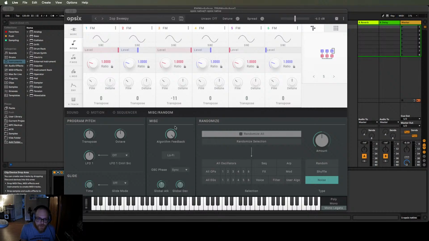We're going to transpose this down. Transpose this down too. And that's just adding a sub-oscillator, essentially, right? It's just an oscillator, an octave down, doing the exact same thing.